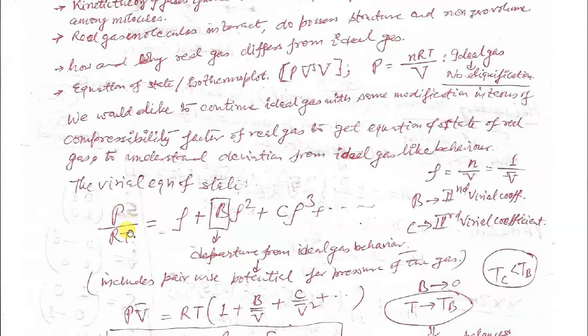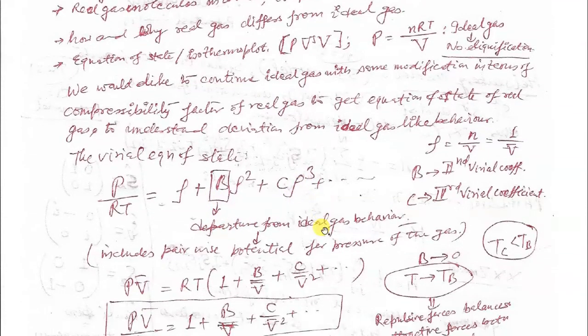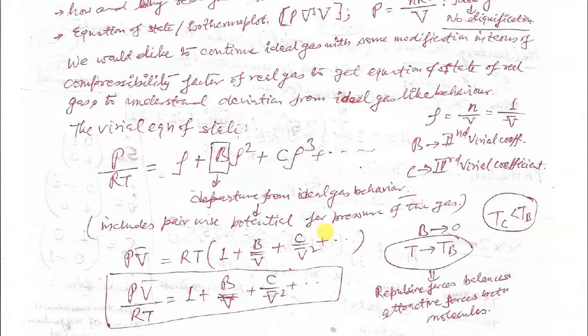So P upon RT is rho plus B into rho squared plus C into rho cubed. These coefficients B and C depend upon the thermodynamic condition of the gas. Because of a non-zero value of B, your gas deviates from ideal gas behavior. Your gas has behavior which is different from an ideal gas.